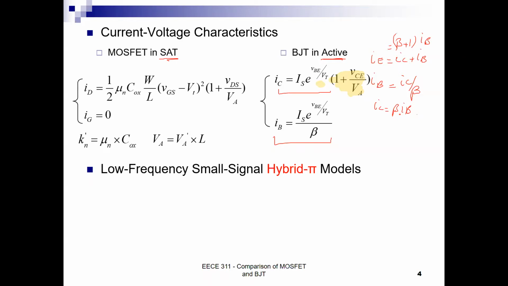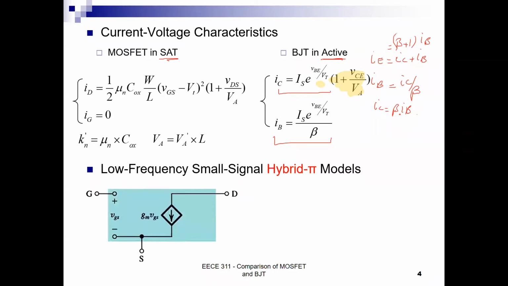That means we need to do small signal analysis. To study small signal analysis we talked about something called the pi model, so let's talk about the pi model. We have the hybrid pi model, and we drew it so that we can study small signal analysis of the circuit.